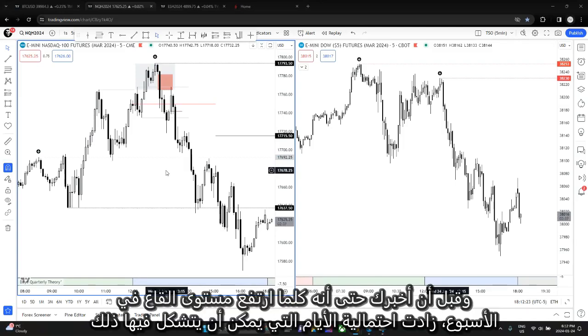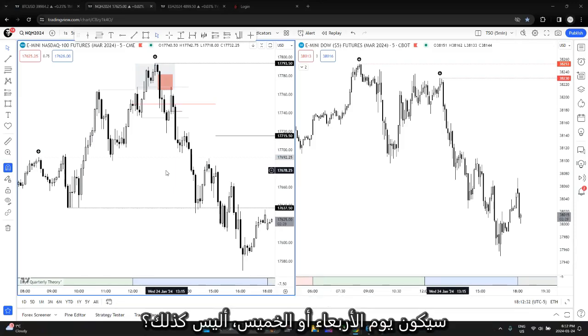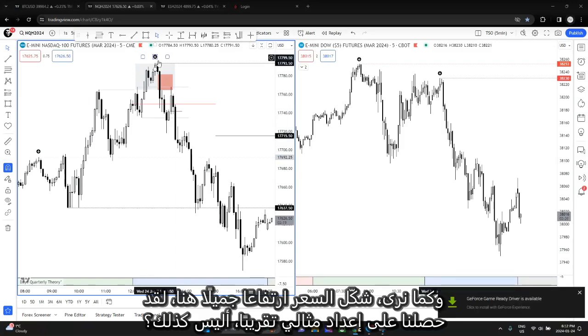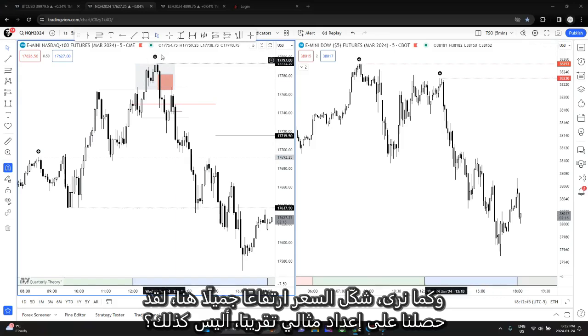And before, I even told you that the higher the low of the week, the higher probability days which that could be forming on would be either Wednesday or Thursday, right? And as we can see, price formed a beautiful high right here.